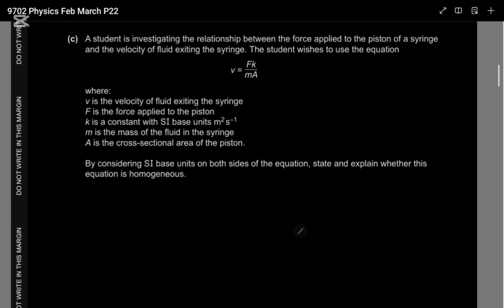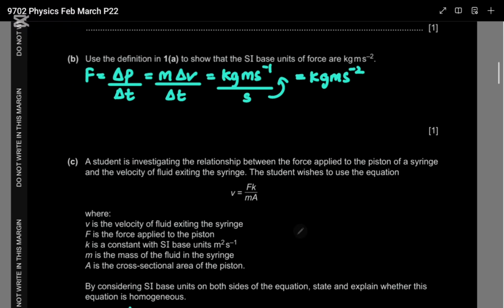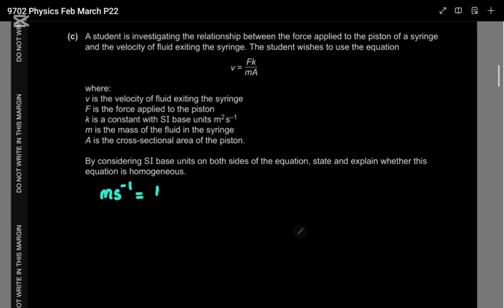So let's do that. Now for velocity, the SI base unit is meters per second, okay? Meter second inverse. Force, we just found it, okay? Kilogram meters per second squared. And for K, by the way, they gave us meters squared second inverse, okay?